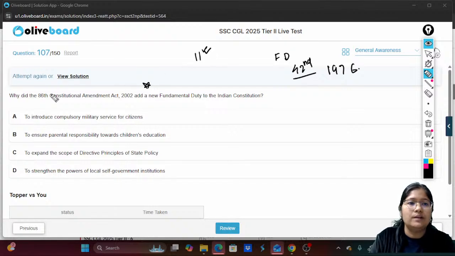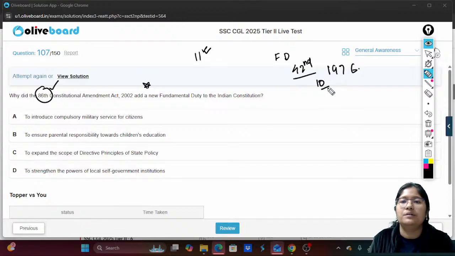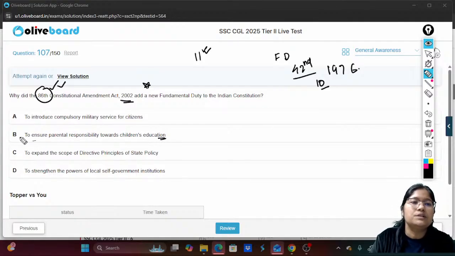The latest one was added by the 86th Constitutional Amendment Act, because initially there were 10 fundamental duties, and the 11th was added in 2002. And what is it? To ensure parental responsibility towards children's education.